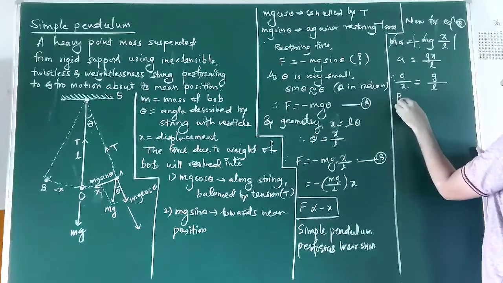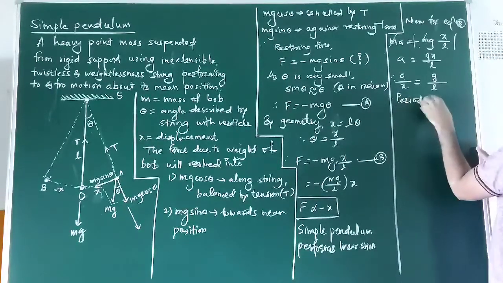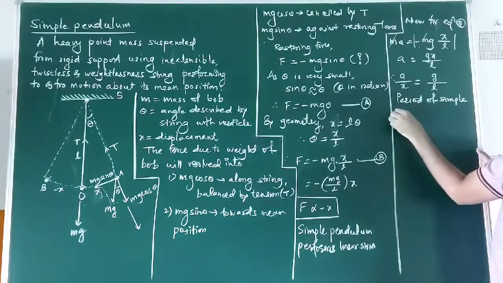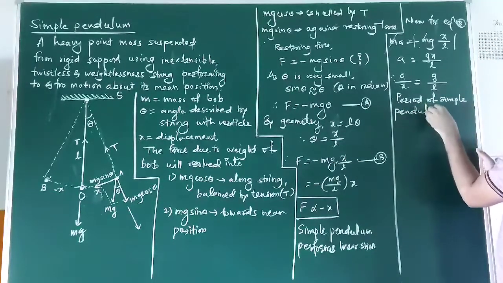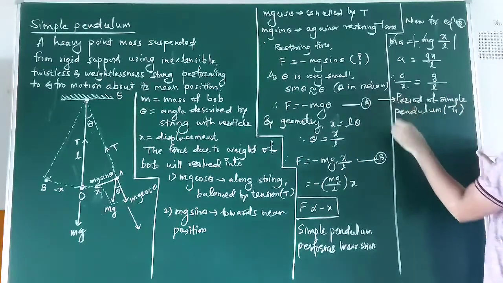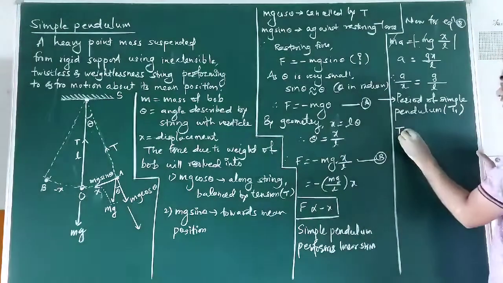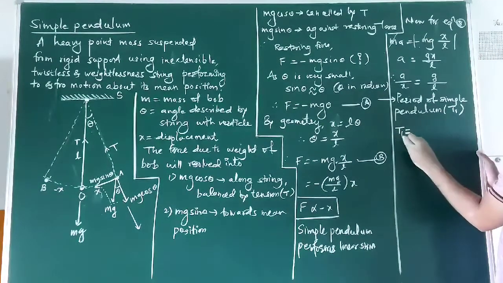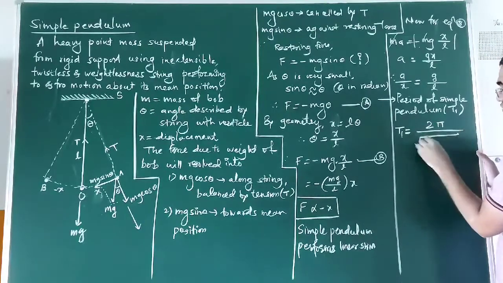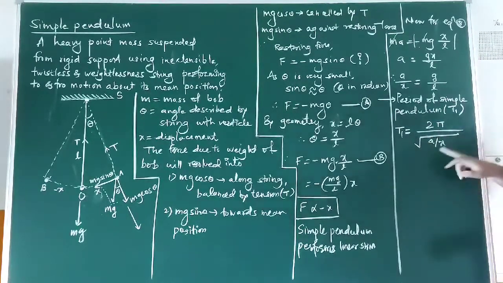Therefore using this we can find out period of simple pendulum. I will indicate it by letter T1, capital T1. Then you know already the formula, period of simple pendulum T1 is equals to 2 pi upon root of A upon x, that is acceleration per unit displacement.